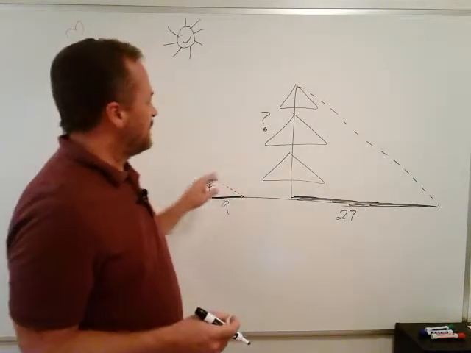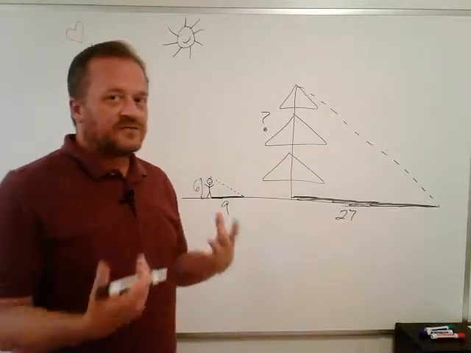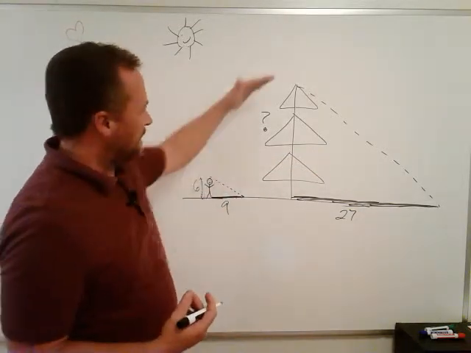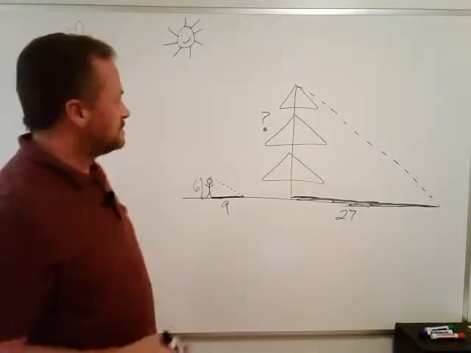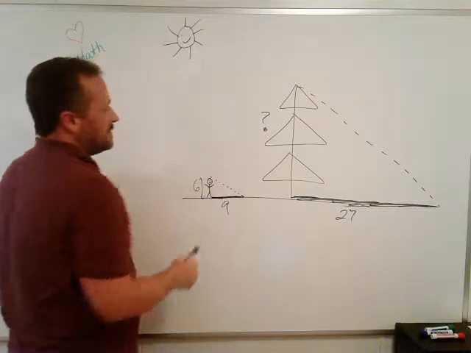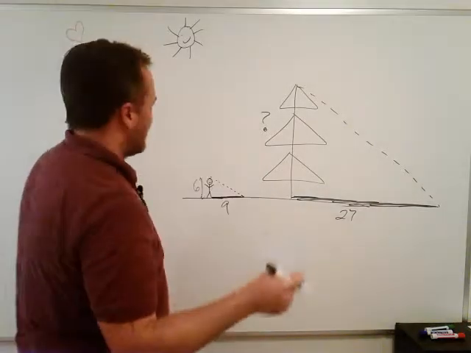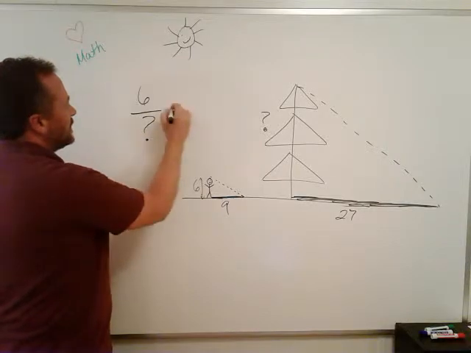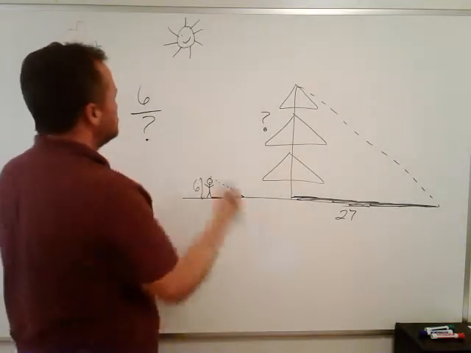Well, I have 2 similar triangles, and these 2 triangles have corresponding sides. First of all, my height and the tree's height are corresponding, okay? So if I wanted to go ahead and write a ratio from me to the tree, I said me first, so I have to go on top here. But I don't know the tree, so there's my first ratio.